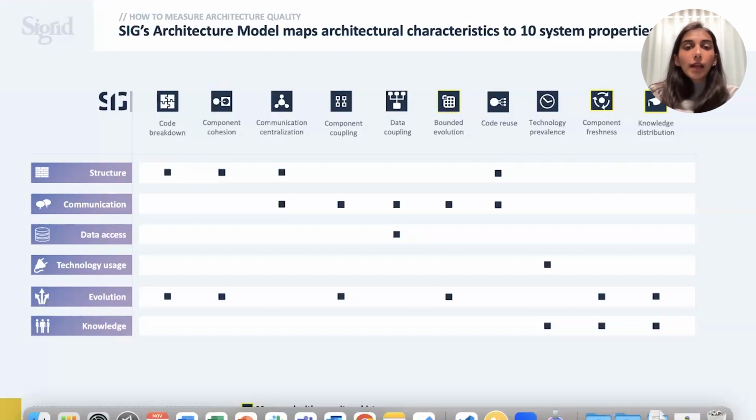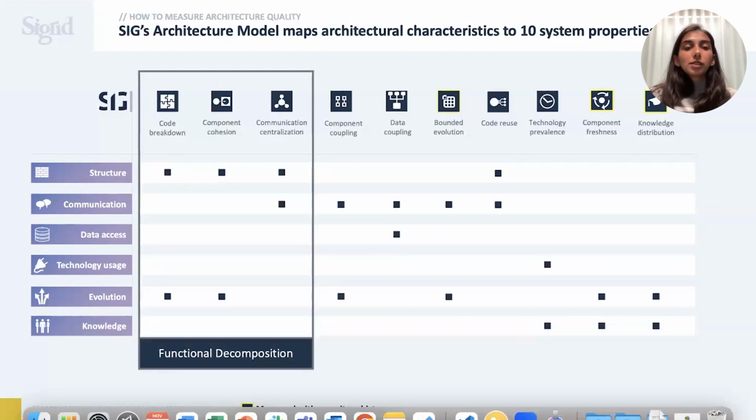Now, if you look at the metrics above, these are what we measure from the source code. There are different categories that these metrics can be divided into. The first three metrics give you more of an insight from a functional decomposition perspective: how well is your architecture structured?